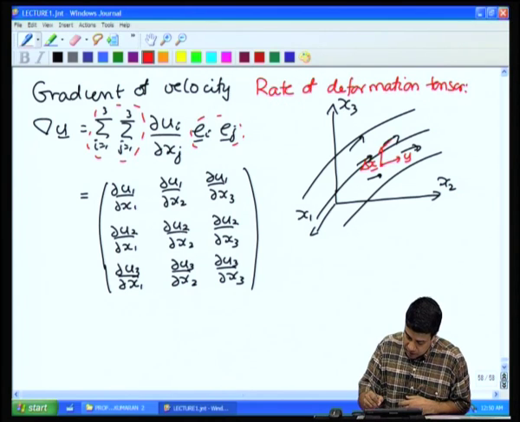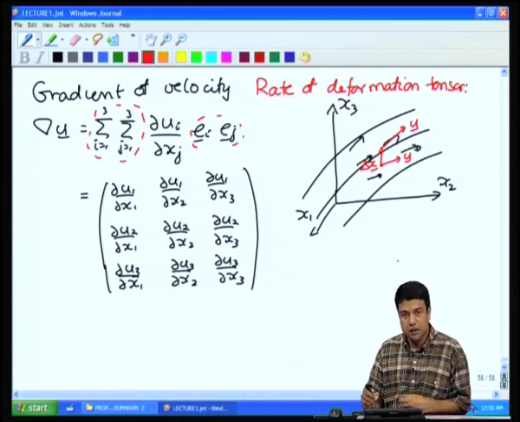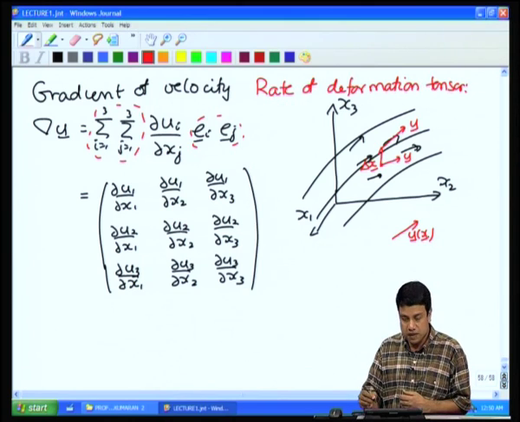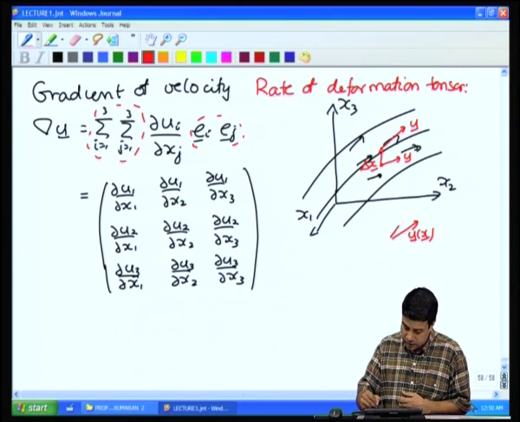There is a small change in the velocity u. There is a velocity u here at x. When I go a small distance away, this velocity has changed a little bit. So, this has become u at x plus delta x.